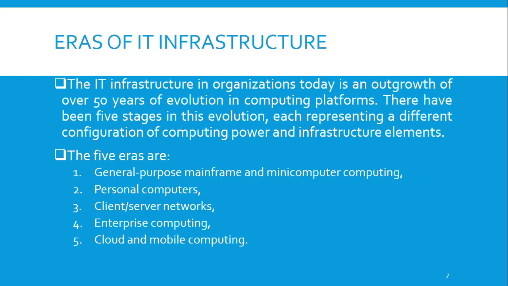So this evolution can be divided into 5 eras. Number 1, general purpose mainframe and minicomputer computing. Number 2, personal computers. Number 3, client server networks. Number 4, enterprise computing. Number 5, cloud and mobile computing.